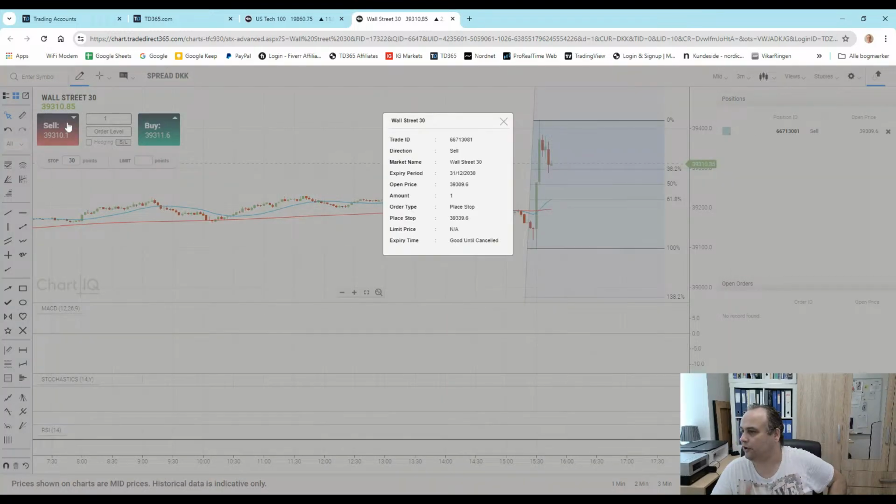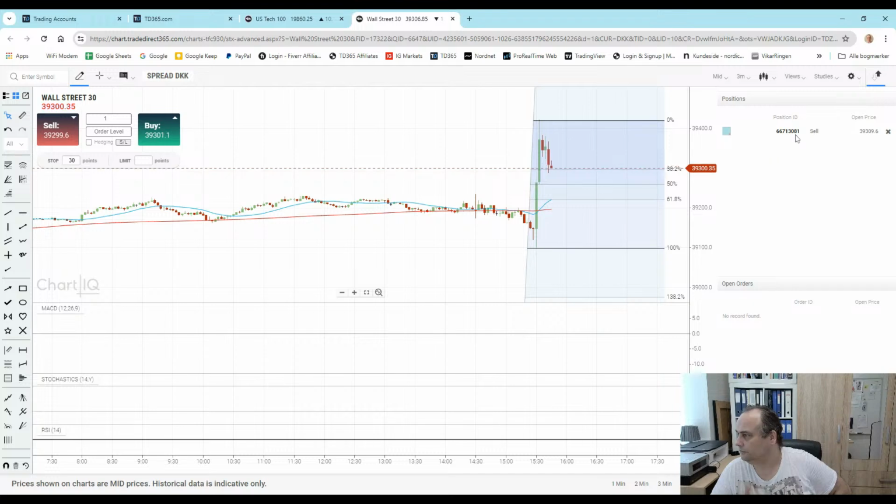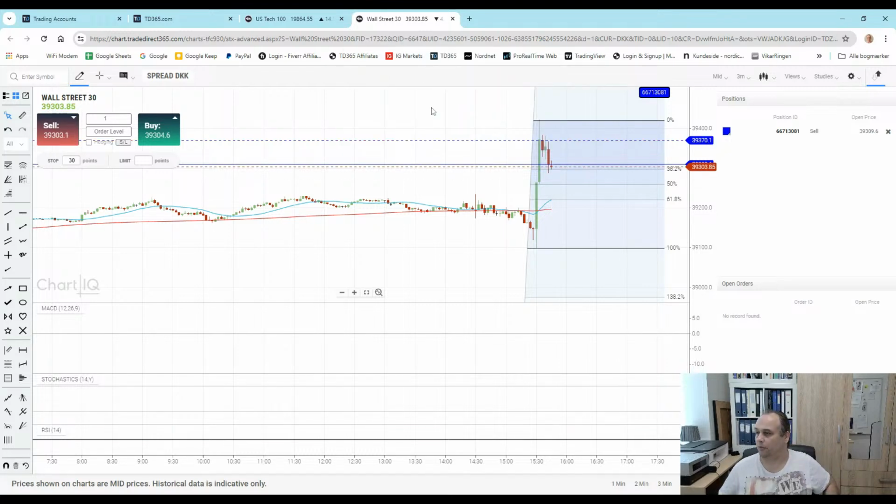Yeah, I will enter my short here, and I will move my stop so it's right above the red bar there. And I'm basically just looking for the price either to go up to this red area and therefore prove me wrong, or go down to the 50% area or the 61% area for retracement.